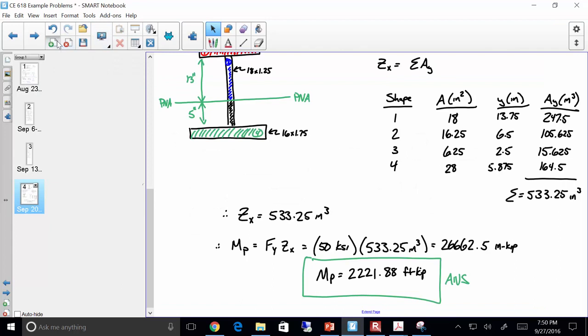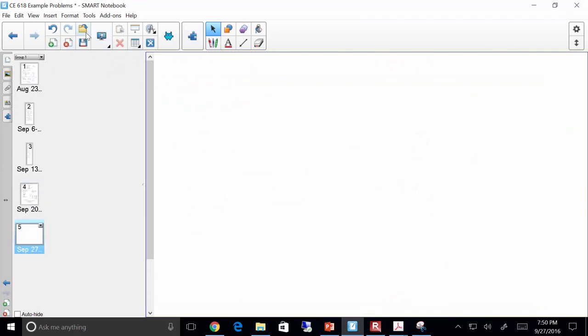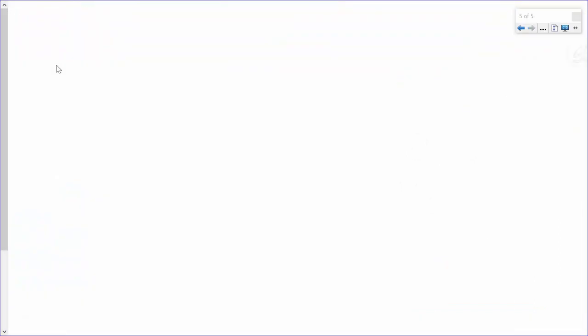So maybe what I ought to do is say MP for a composite beam. Okay.